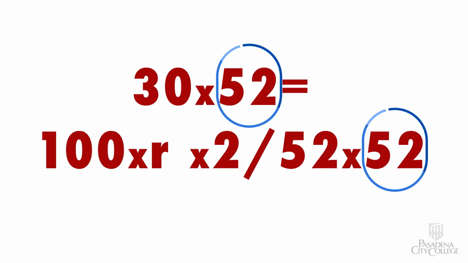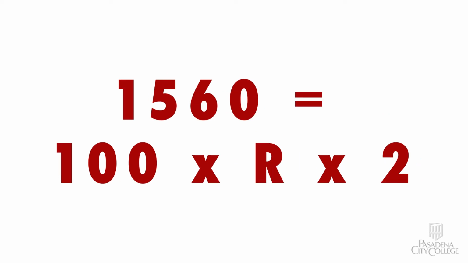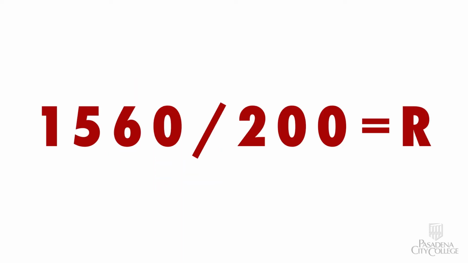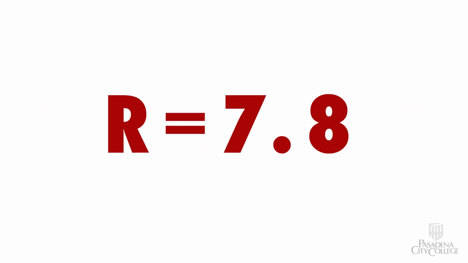First, we multiply both sides by 52 to clear the denominator. After we do that, we get 1,560 is equal to 100 times R times 2. Which gives you 1,560 is equal to 200 times R. Dividing both sides by 200, we get 1,560 divided by 200 is equal to R. Which gives you R is equal to 7.8.